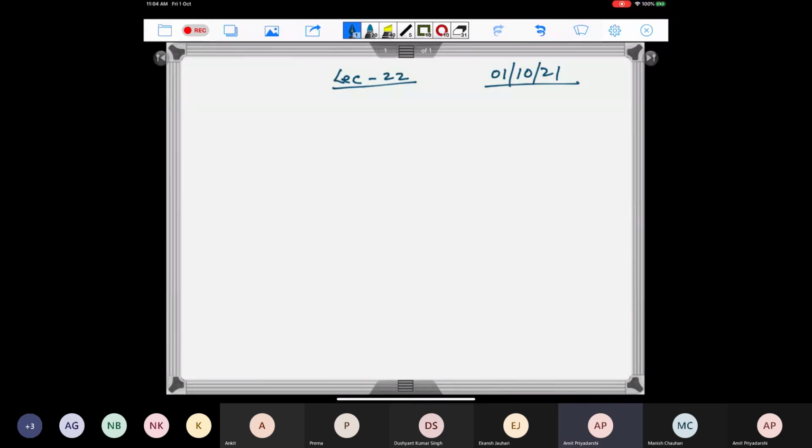Okay, good morning, students. Let me continue our discussion of orthogonal complements. So, we will prove this theorem.